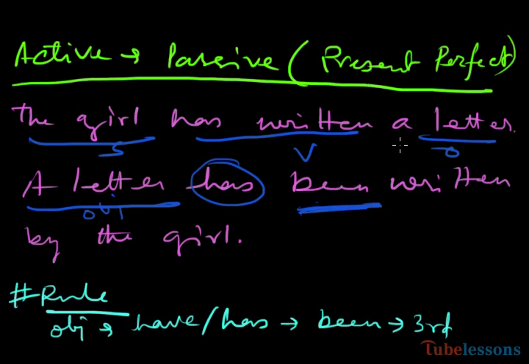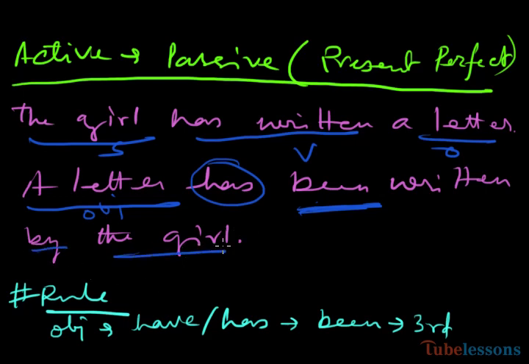Then we don't have to change the third form because it is already given here. In present perfect tense, we already have the third form of the do verb, so we don't need to change any further. So: a letter has been written, then by, and then the girl.